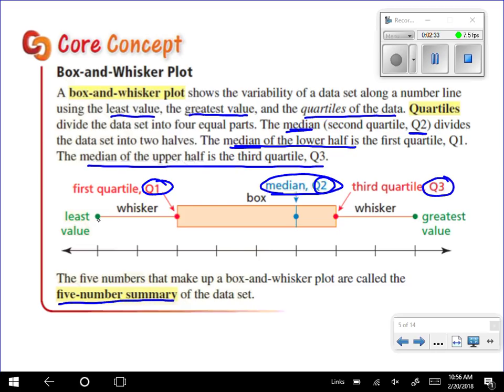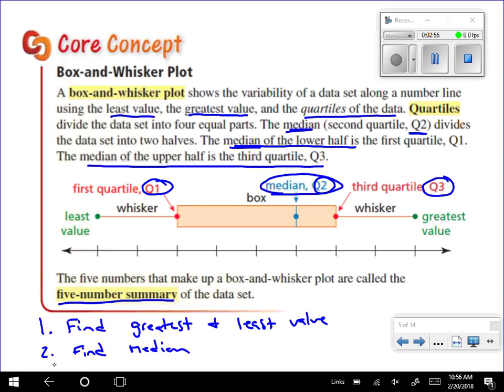So as you can see, then we go ahead and plot the 5 points. So really the steps, okay, so we can break this down a little more simply. Step 1, find greatest and least value. Step 2, find the median. And then from there, you're able to find quartile 1 and quartile 3.